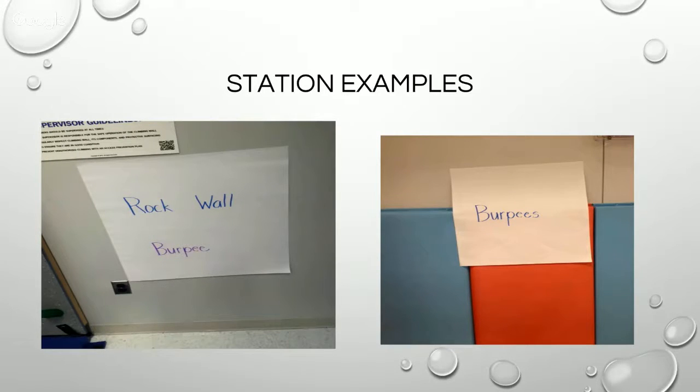They get down off the rock wall. They just do one burpee. And then to the right, again, more burpees. As I said before, you can take any exercises, any combination of things you want to do, and include them in your circuits.